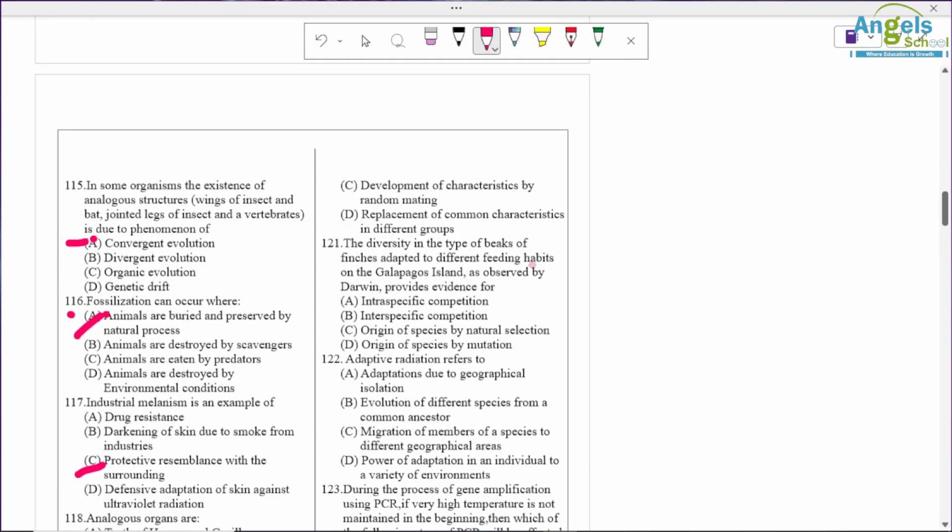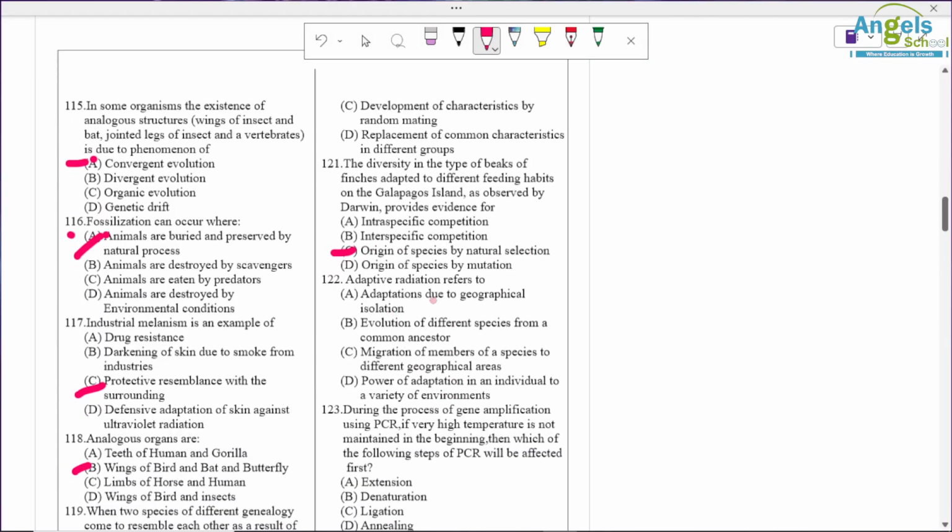The diversity in the type of beak of finches adapted to different feeding habit on Galapagos Island as observed by Darwin provided evidence for origin of species by natural selection. Adaptive radiation refers to evolution of different species from common ancestor.